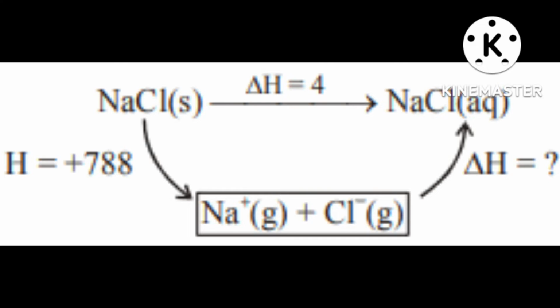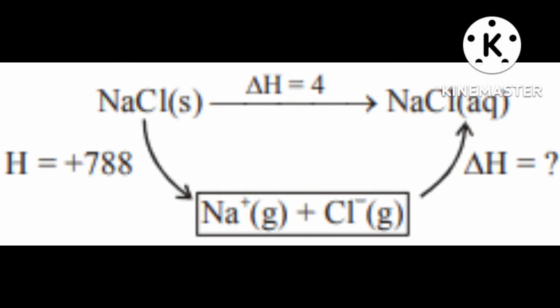Keep 788 in mind for NaCl, because NaCl is common and the question is asked. When solid NaCl is converted to gaseous Na plus and Cl minus, the heat required is the lattice enthalpy, and that is the delta H value.